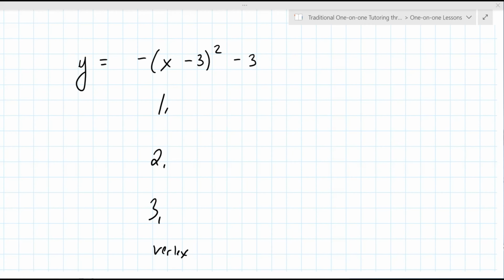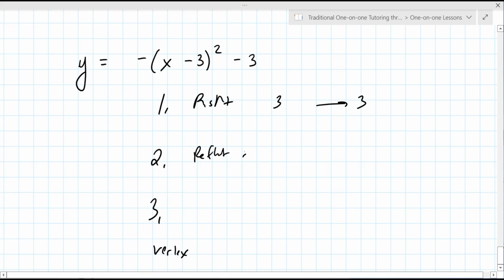Okay, got it. I put right 3, positive. Right 3, good. And then reflects over x-axis, good. And then down -3. So there's an issue with the last thing you just told me. You're always going up or down, left or right, a positive number.